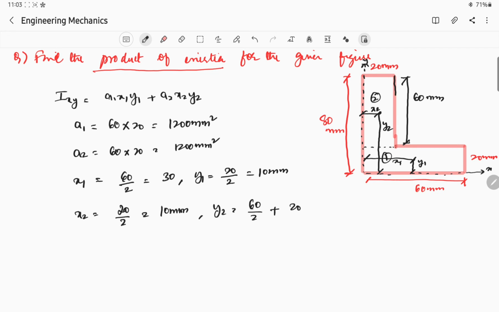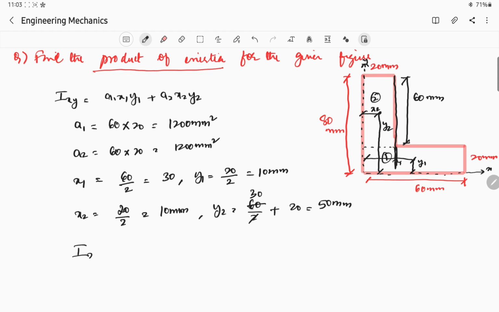From here to here we'll have half of it, then 60 by 2, then plus this 20, so 2 threes are 6, 3 is a 0. So this will be 50 mm.